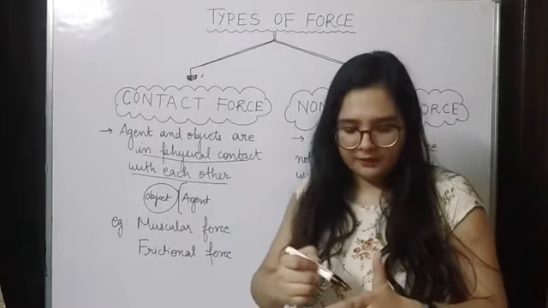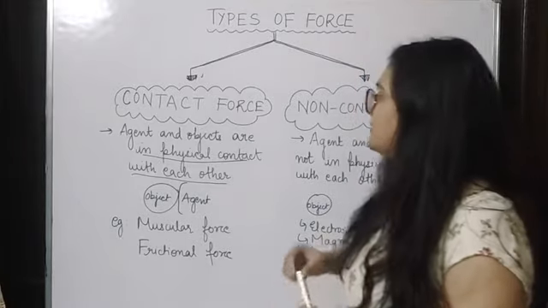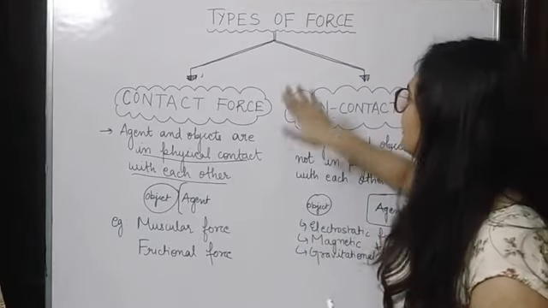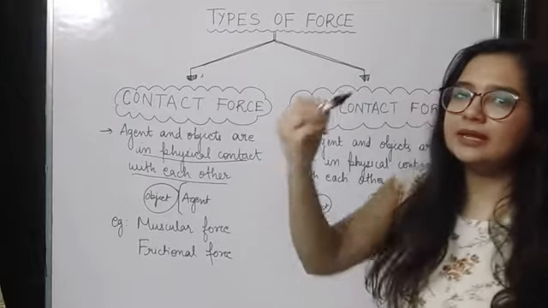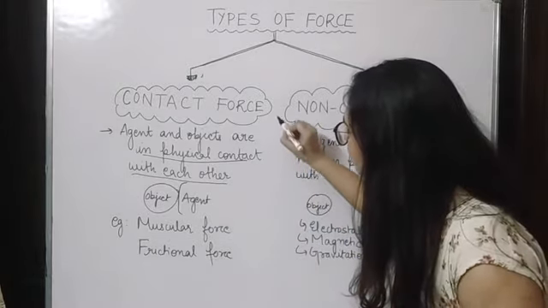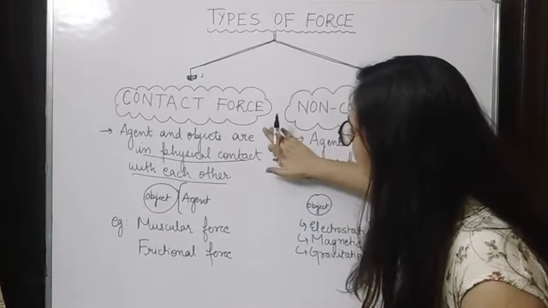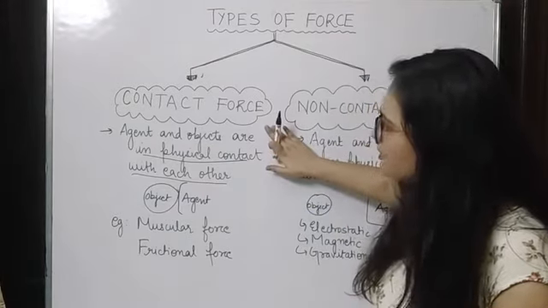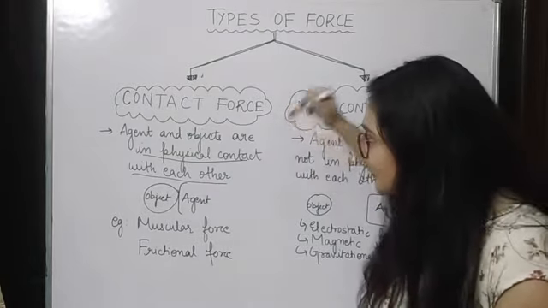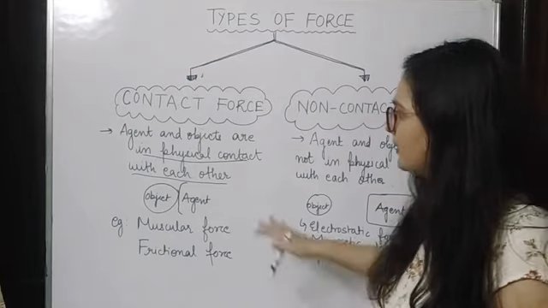For example, if I am writing with this marker, right? So this marker is going to be my agent, and this board is going to be my object on which this force is being applied, right?